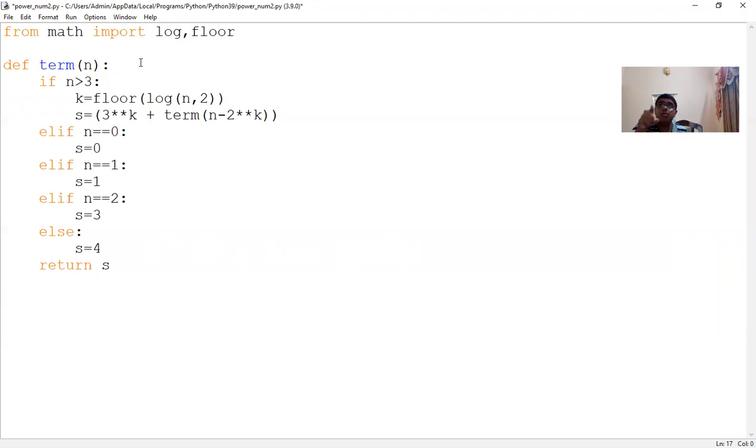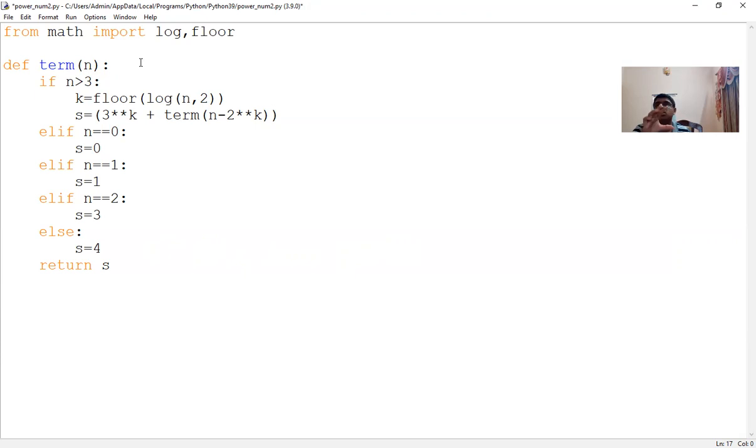It was 100 minus 2 power 6, the 36th term. So again, it loops through. Term of 36: k is equal to floor of log 36 to base 2. That becomes 5. Then s is 3 power 5 plus term of 36 minus 2 power 5. Again, that becomes term of 4.